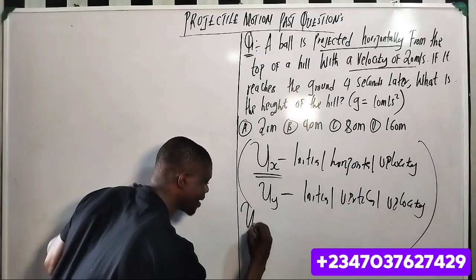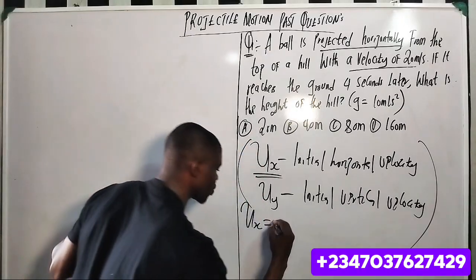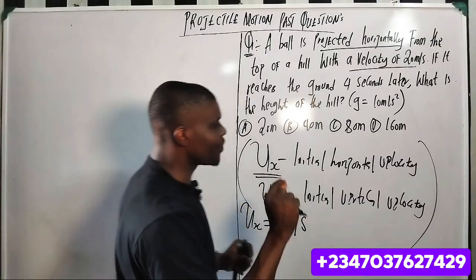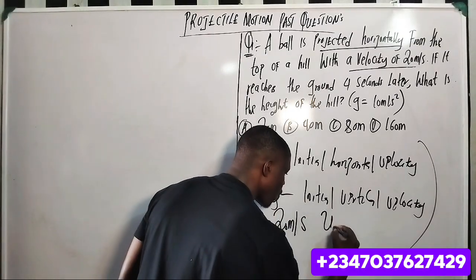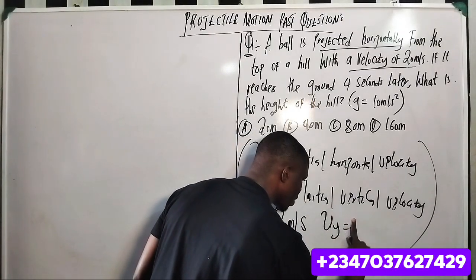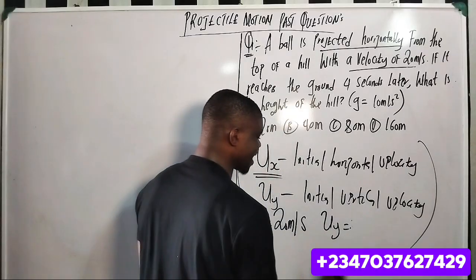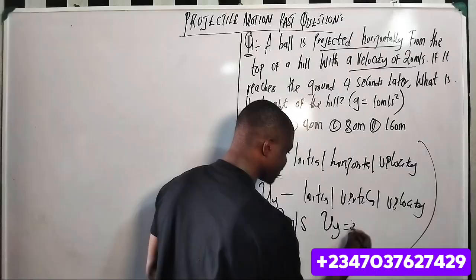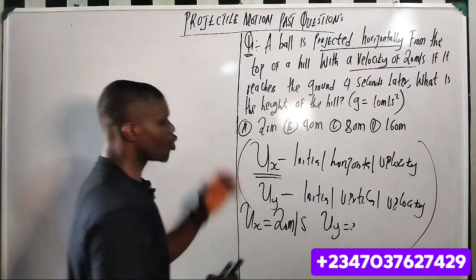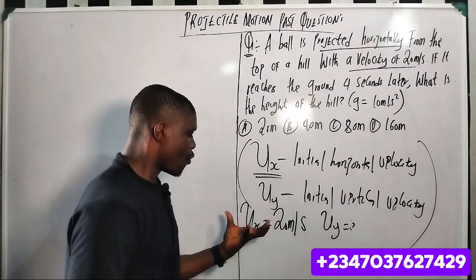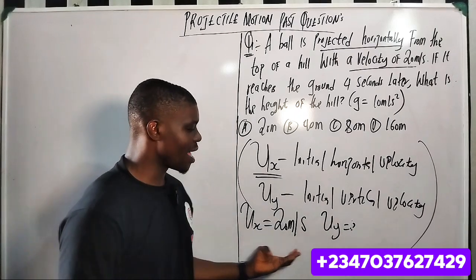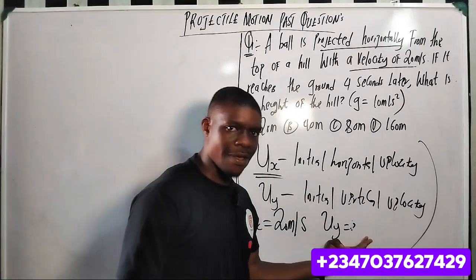My ux here is 20 meters per second. If you check it very well, my uy is not given to me. These are things you need to keep in mind here. We have the horizontal initial velocity and the vertical initial velocity.